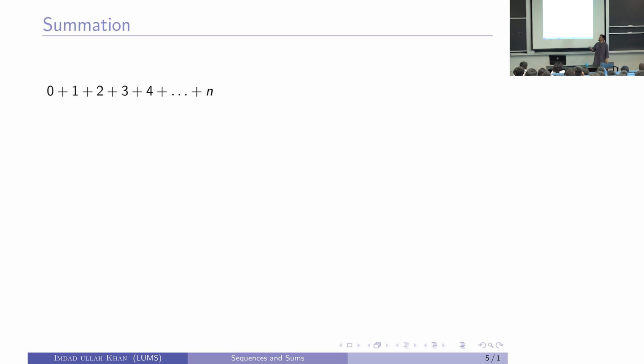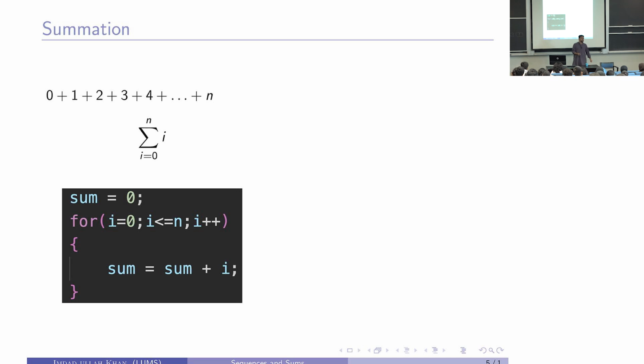If you look at this as a sequence, forget about this, replace the plus sign with a comma, then it is a sequence, right. What is the general term? Let us say we begin with 0: a_0 is 0, a_1 is 1, a_4 is 4, right. So a_i is i. So I am adding a_i, which is equal to i, when i goes from 0 to n, right. So the sum for i equals 0 to n of i.